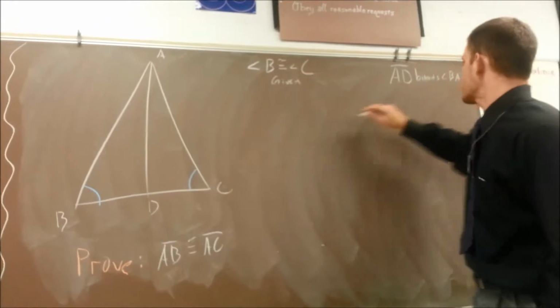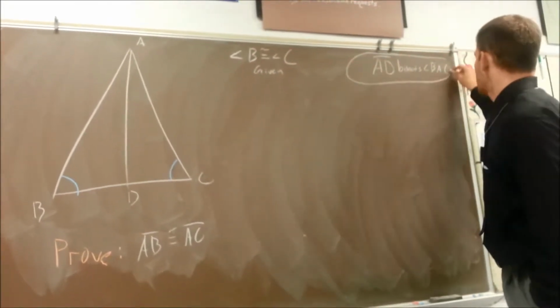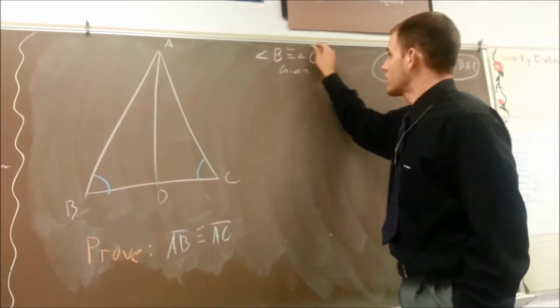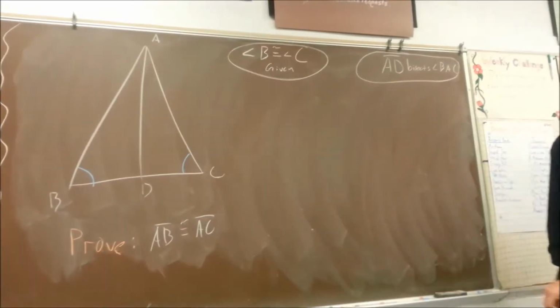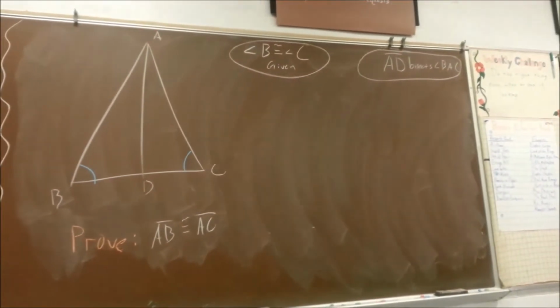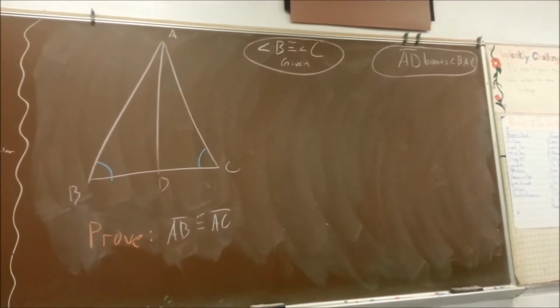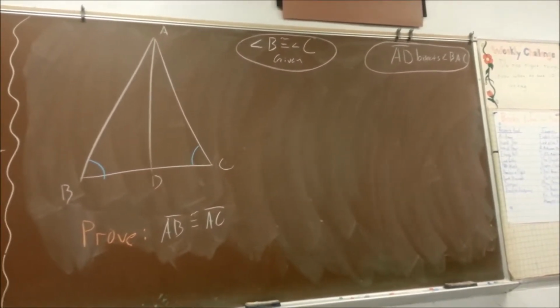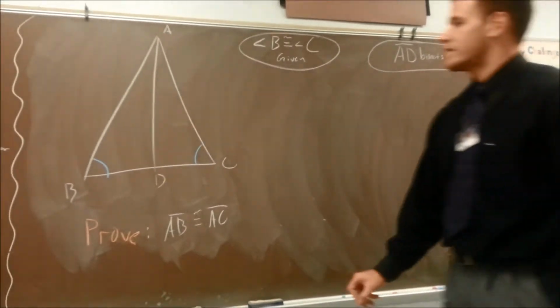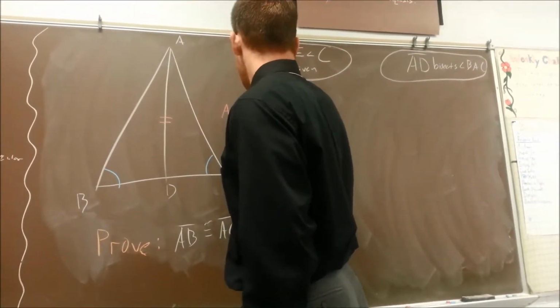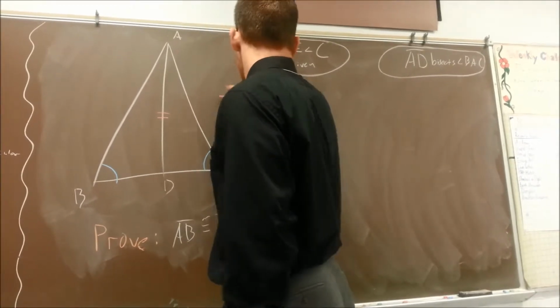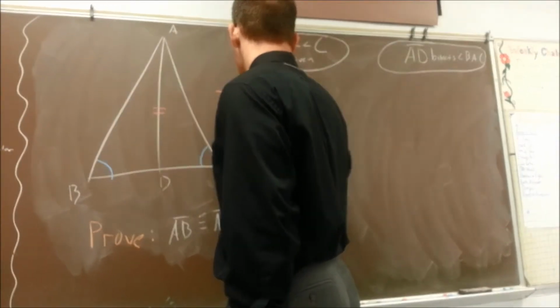We made this. So, once again, give me a pair of things that are going to be congruent. Somebody new. Yes, sir. AD is congruent to AD. You are absolutely correct, sir. AD is congruent to AD by reflexive.